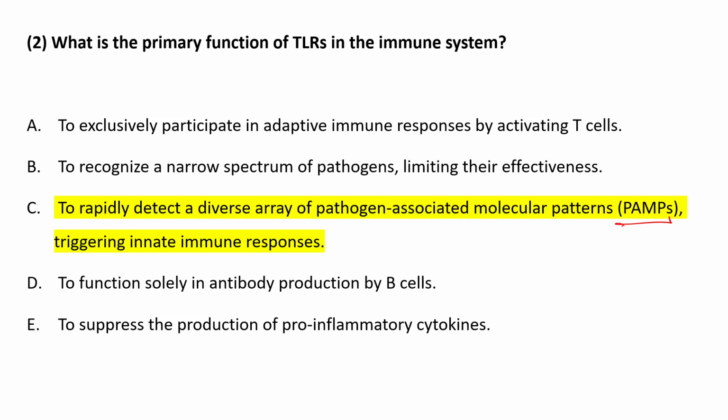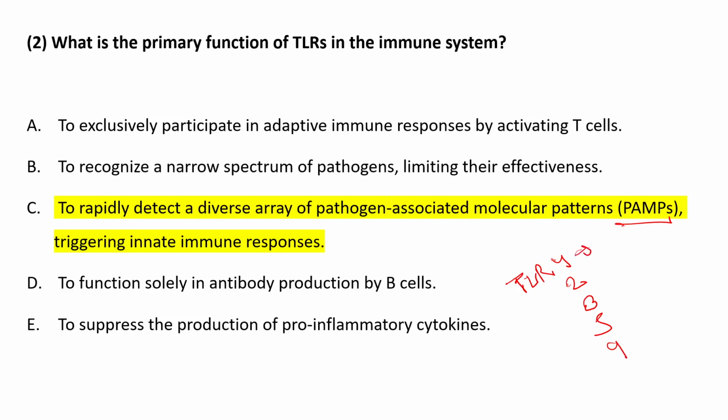And each TLR is specific to detect different PAMPs. There are so many different types of TLR. If you have seen the lecture slides in detail, you might be aware of TLR4, TLR2, TLR3, TLR5, TLR9.